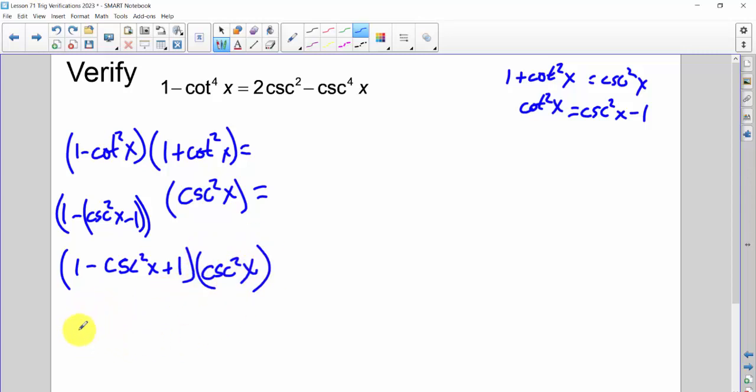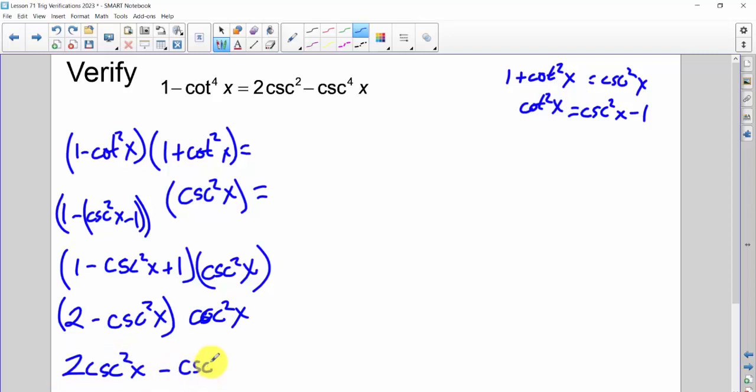And that goes to 2 minus cosecant squared of x times cosecant squared, which is equal to 2 cosecant squared of x minus cosecant to the 4th of x, which is right there.